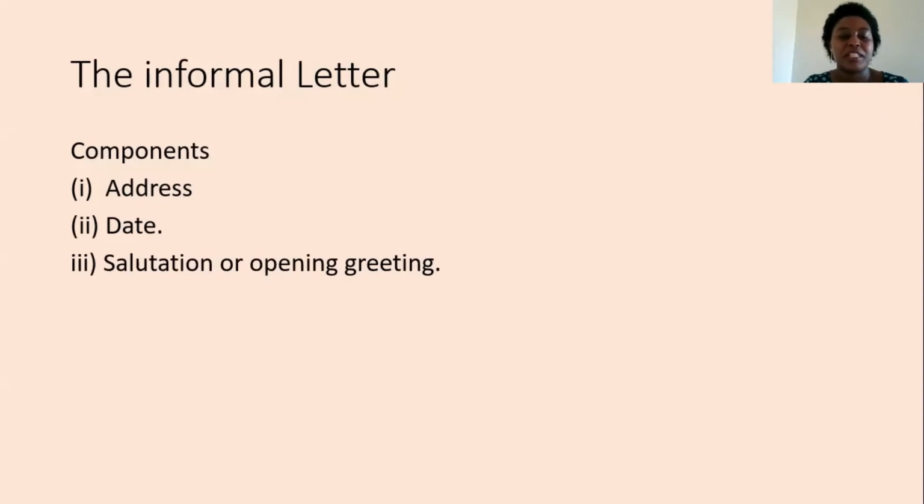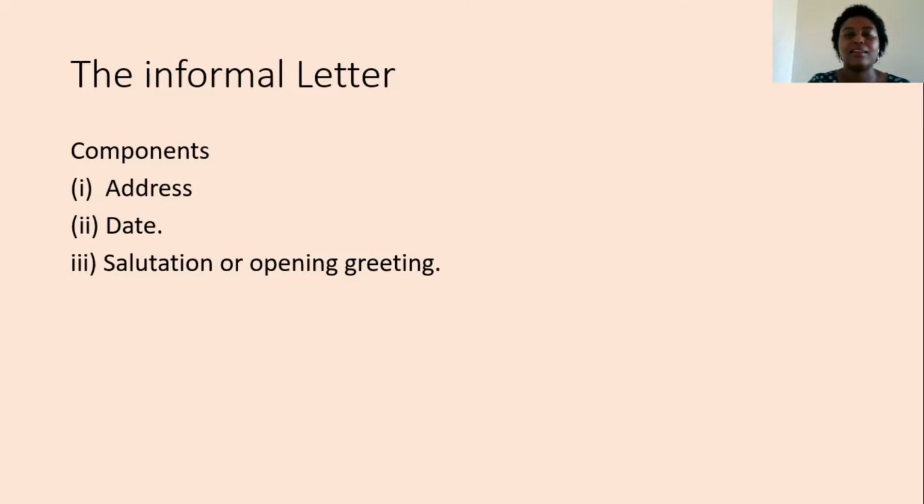Then we have the salutation or the opening greeting. This is something like, dear so-and-so, or hello so-and-so, depending on how you want to write your letter. Since it is an informal letter, your salutation can have a name. When you're writing to a close friend, you're not going to say dear sir or dear madam.